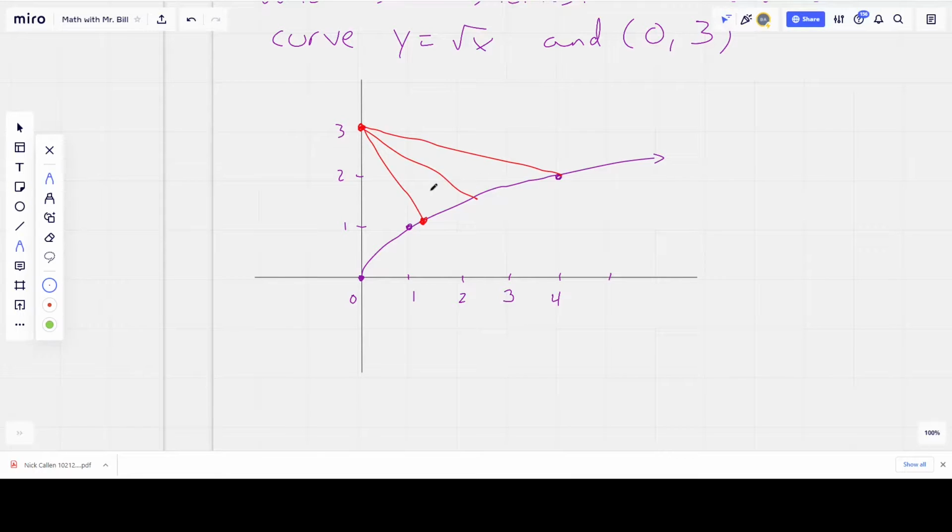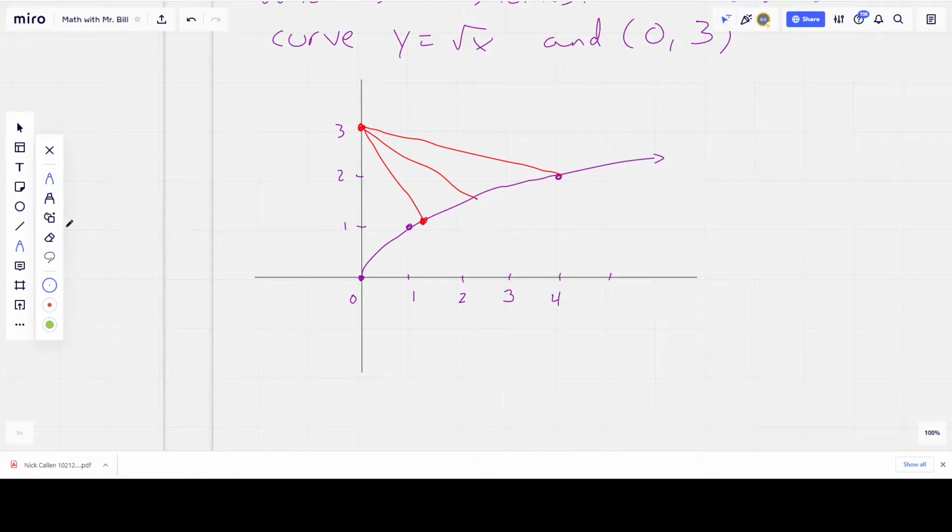With any optimization problem, we need some kind of formula that defines what we're working with, something that we can take the derivative of and determine the maximum or the minimum. Since we're dealing with the distance between a curve and a point, we're basically dealing with the distance between 2 points.